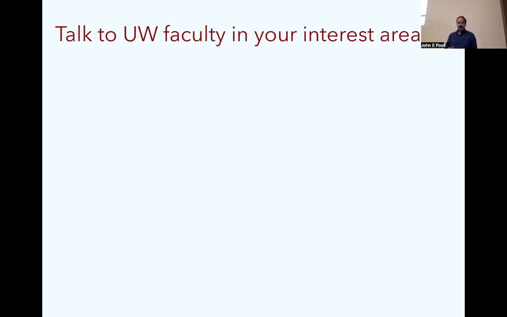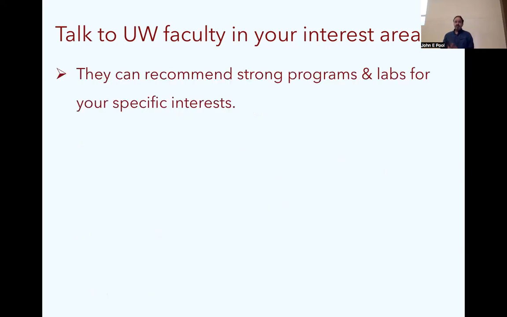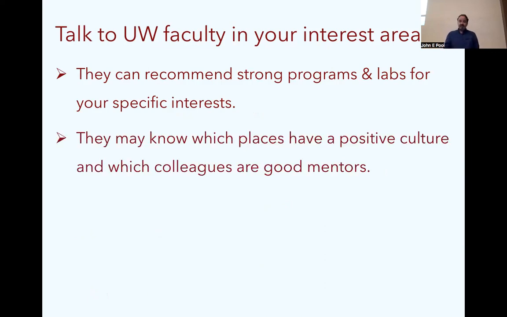First, talk to faculty, including those right here at UW, who work in your area of interest. You could talk to other people too, postdocs, senior grad students, because these are the people who can really point you toward places that are great places to do research in your area of interest, and even specific labs. In some cases, they might even know something about the culture and supportiveness of a given department or program, or even which individual faculty might be good mentors or not such good mentors.